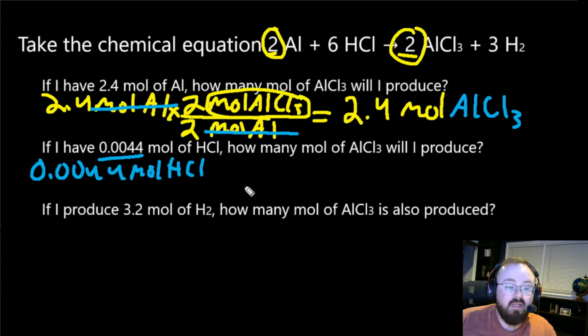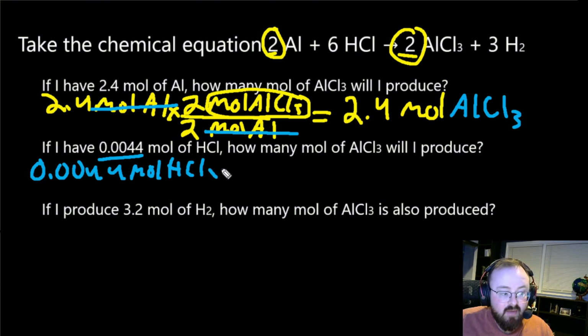And the more that we label this, the more familiar we are going to become with keeping track of our units, and the less likely we are to make mistakes here. I'm overdoing this, and I want you to do this as well, so that you keep track of everything. It is much, much easier to keep track of everything if you label the specific compound that we're dealing with.